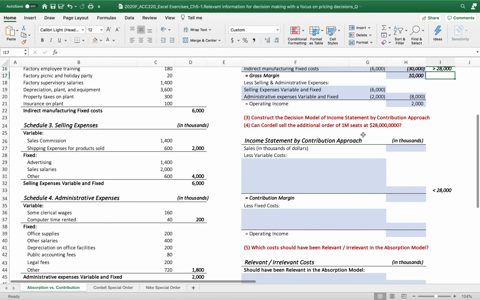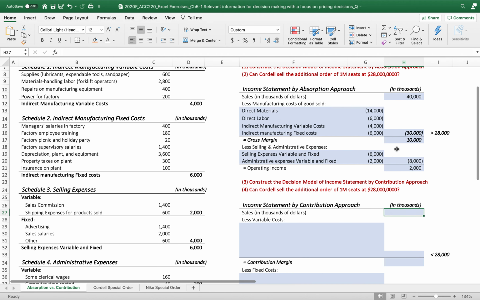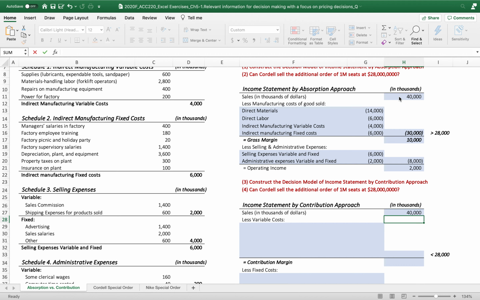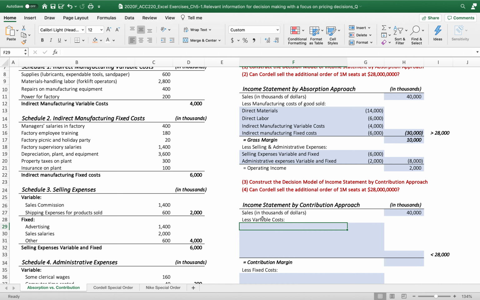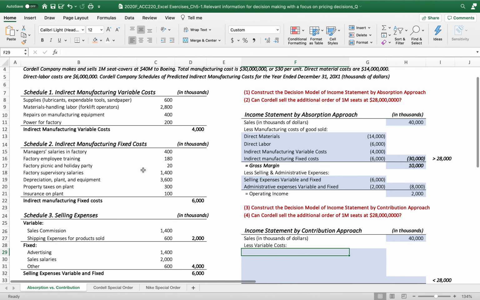But let's create the same situation, with an income statement by the contribution margin approach. We have the same information, 40,000 sales. Then the variable cost. Now we have to identify which ones are only the variable cost.